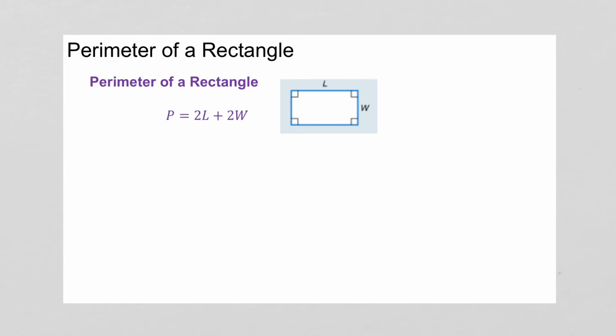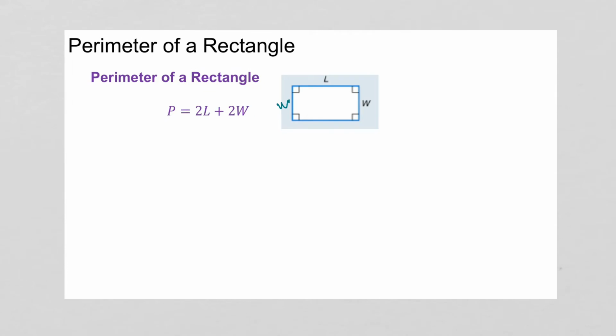The perimeter of a rectangle, of course, you just add up the sides, or you can use this formula, which is 2 times the length plus 2 times the width. Because, of course, if this side is W, then this side is W, and if the length is L, then that's the length too.